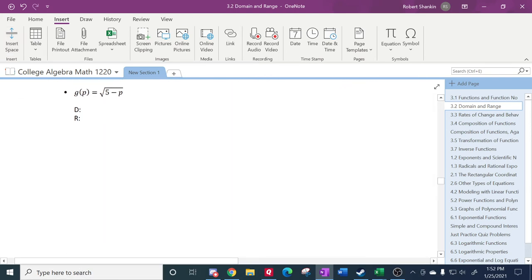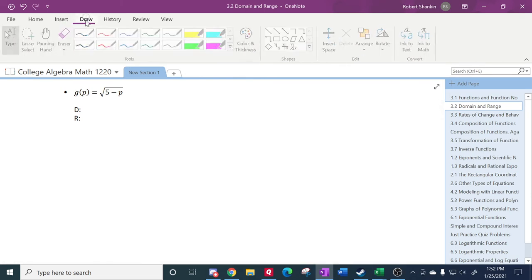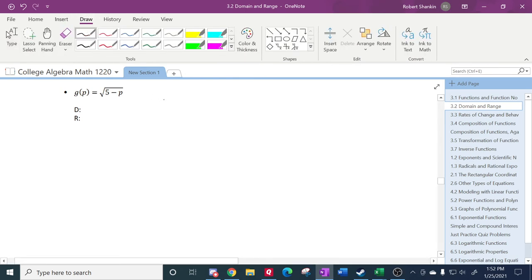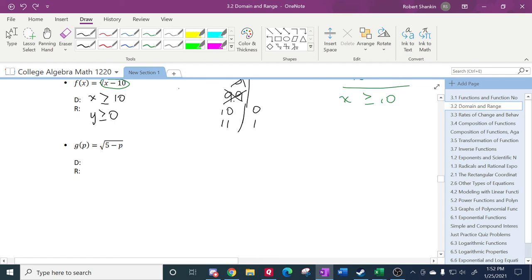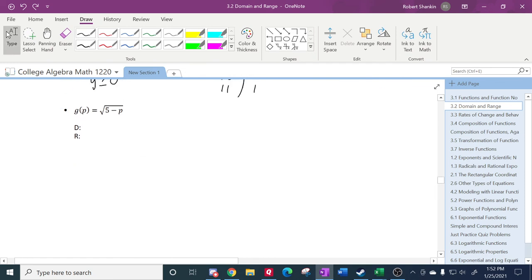All right. One way to do this is start picking some values. No, it's not x. It's p and g of p. Okay.